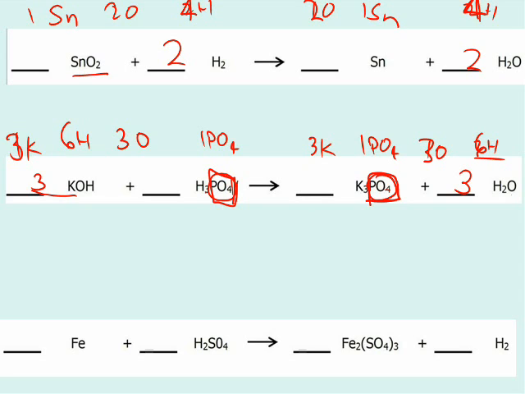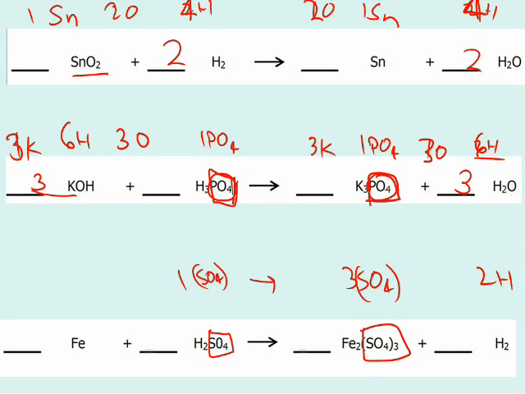How about this one down here for this reaction? Okay, we see that there's a polyatomic here, and then 3 polyatomics there. So that's 3 SO4s. And 1 SO4 on that side, and there's 3 SO4s on this side. 2 hydrogens on this side, 2 hydrogens.